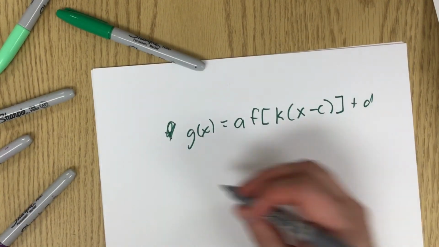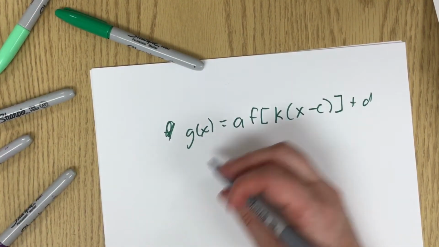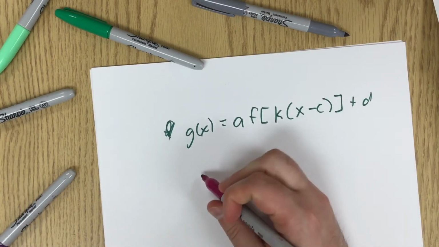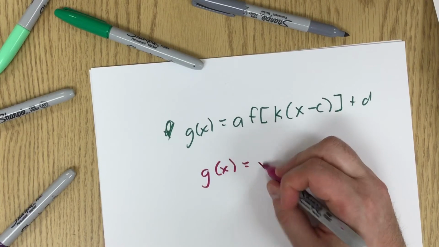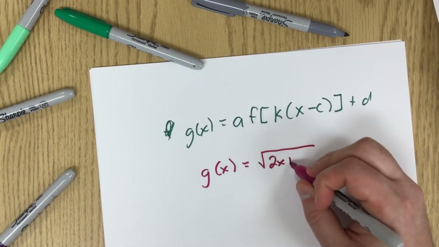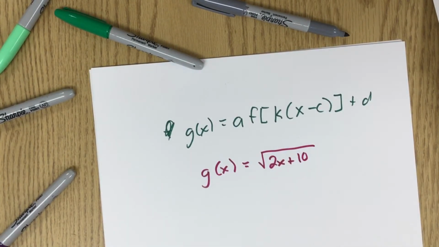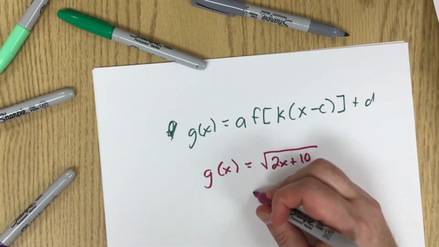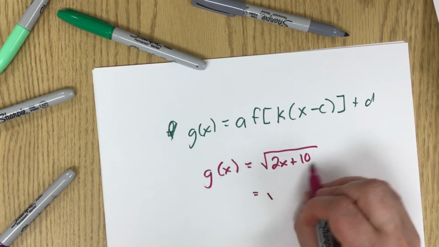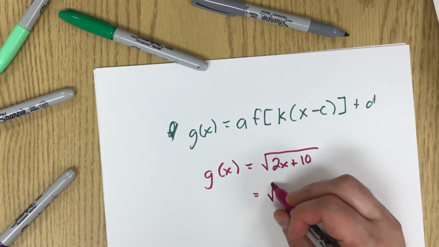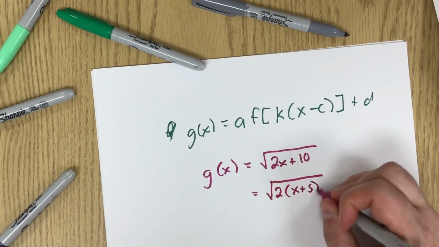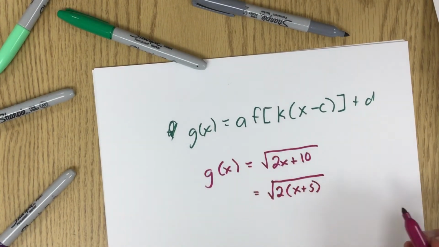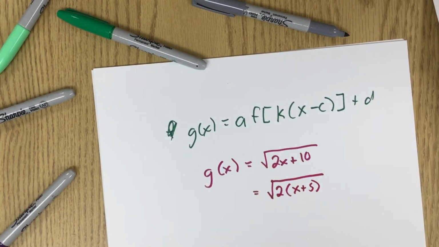So for example, if I had an equation, g of x equals the square root of 2x plus 10, I need to rewrite it in that format, so I have to common factor out the 2, and that would be what it actually is. So this is a left 5 and horizontal compression of 2.